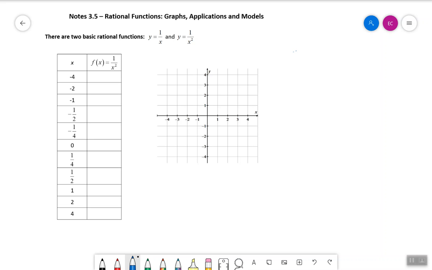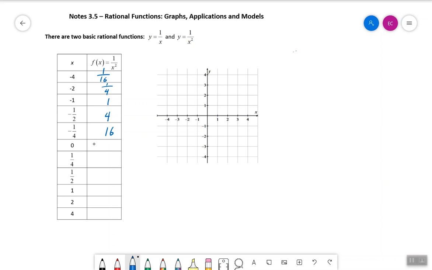Okay, so if we plug in -4 for x, -4 squared is 16, so we have 1 over 16, and then 1 over 4, and then 1 over 1, which is just 1. -1/2 squared is positive 1/4, and then 1 divided by 1/4 is 4, and then similarly we'll get 16 if the input is -1/4.